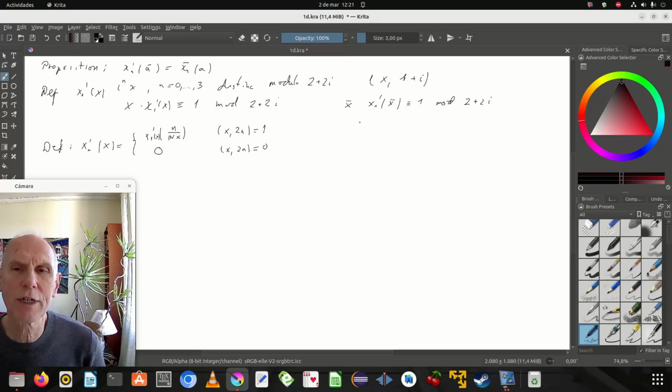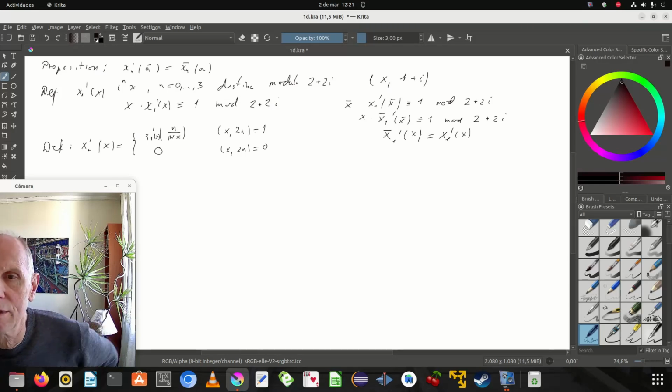Oh, we just take the conjugate of it. And then it's modulo 2 minus 2i, but that's the same modulo. And that means that x bar equals chi1 mark of x.